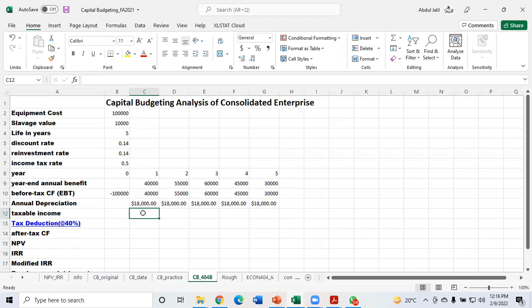Therefore, what is the taxable income? You need to deduct this depreciation from the income, right? So you take the original amount minus depreciation. You are not going to fix anything because every amount is different and the respective depreciation is deducted. In different time periods you have different returns available.